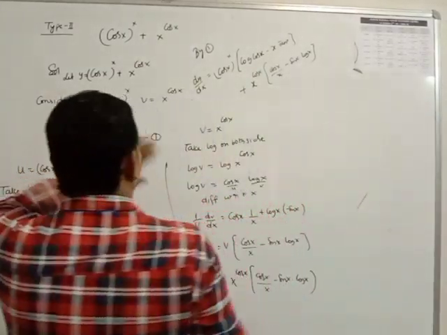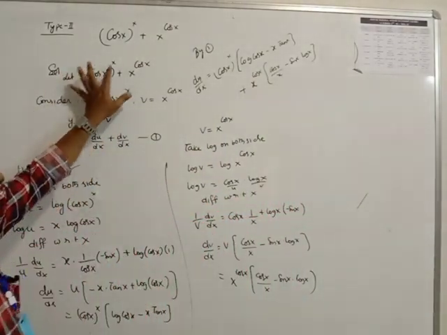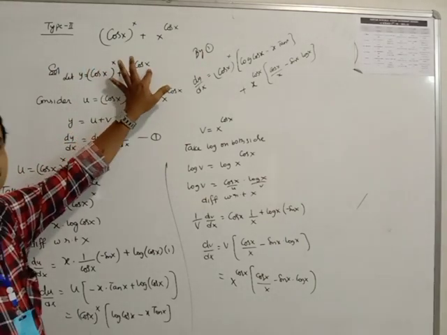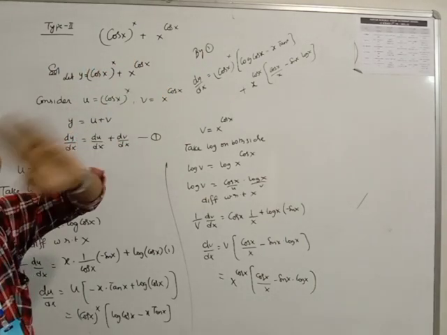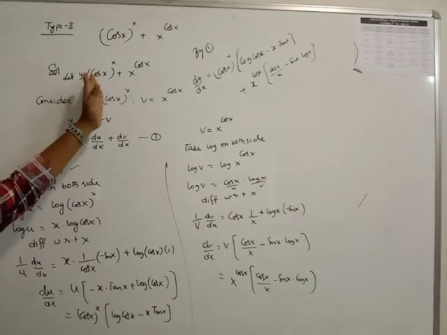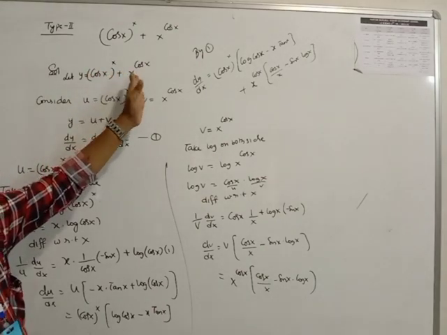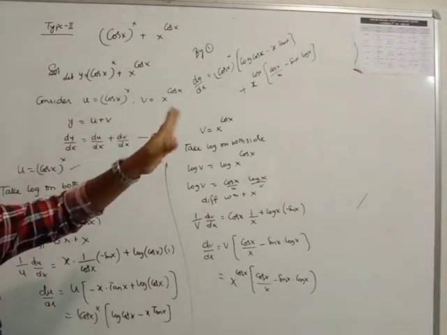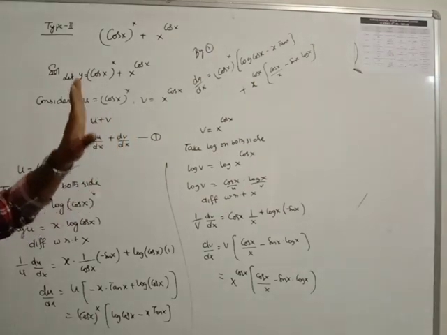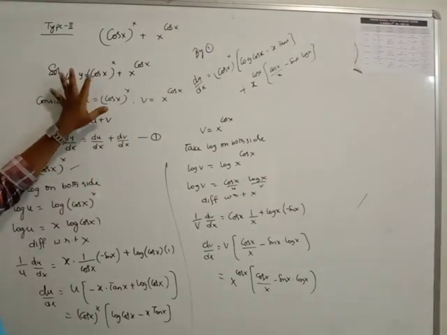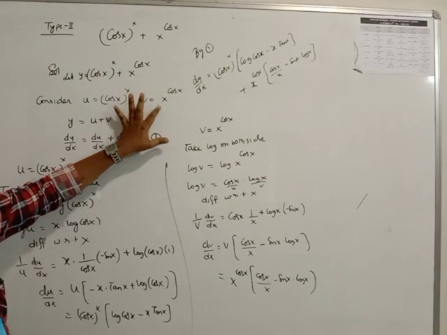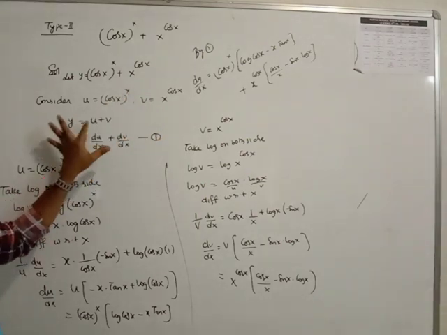Just clarify that it is a function to the power function model, but here you cannot apply the log directly because this is a summation function. Log of a plus b is never equal to log a plus log b. So first of all, consider the first function as u and the second function as v, and then y is equal to u plus v.